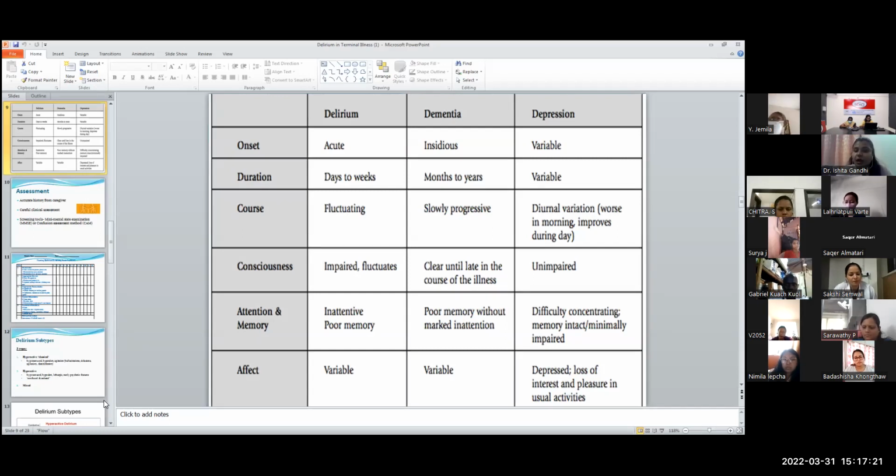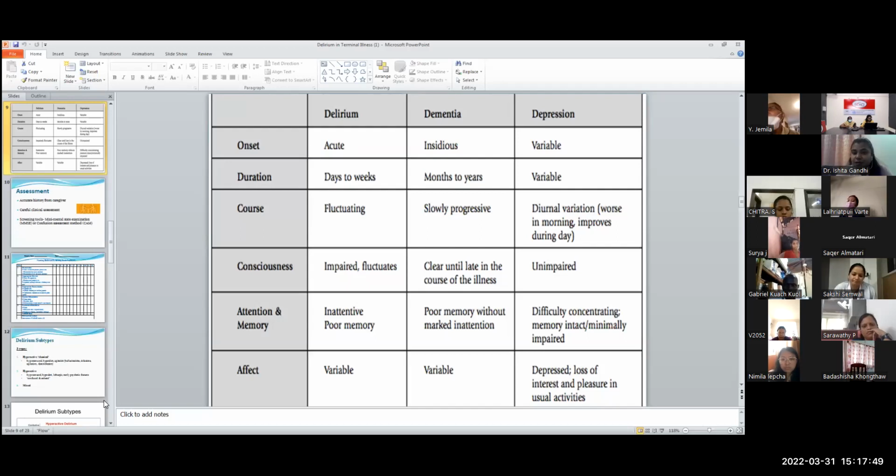Consciousness levels are impaired in delirium, or they can fluctuate as well. Dementia, consciousness is clear until very late in the course of illness. Depression, the consciousness is absolutely unimpaired, right? In delirium, patient has poor memory, patient has poor concentration. In dementia, patient has poor memory, but the attention is marked, right?